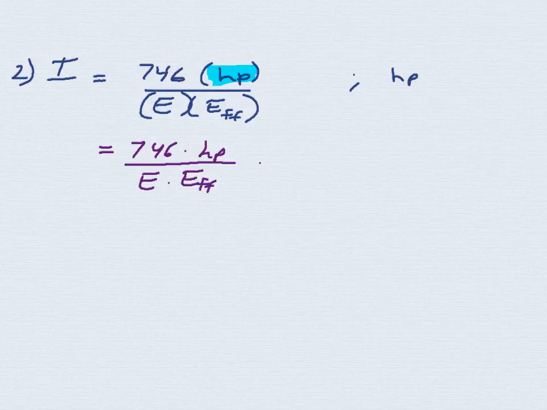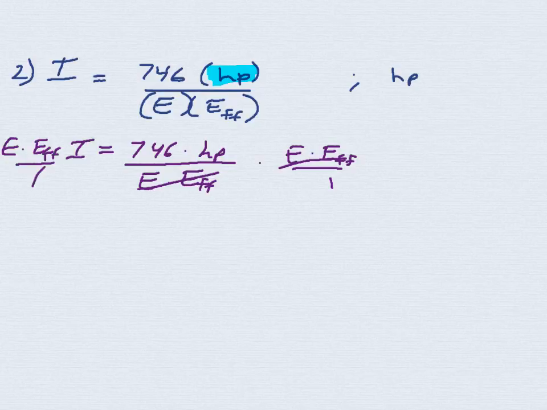We want to get the HP by itself, so we're going to do the opposite and multiply by the voltage and the efficiency on the left and the right to keep it even. So we're going to have the E times the EFF on the other side. Now we no longer have a fraction.